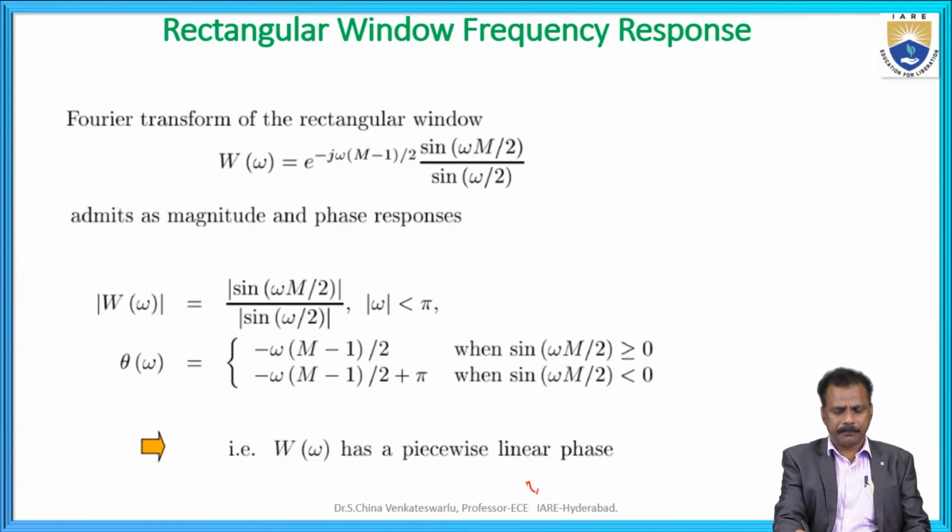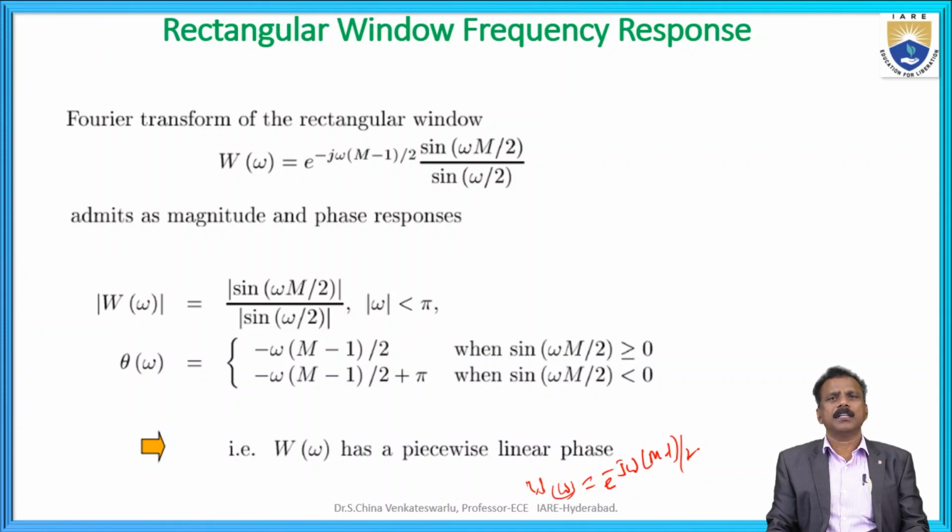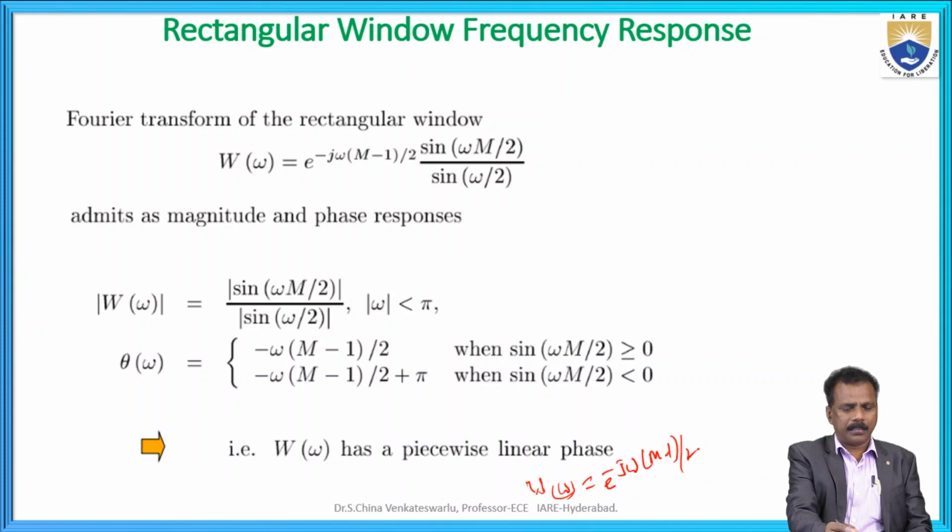W of omega is equal to e power minus j omega of (M minus 1) by 2 times sine of omega M by 2 by sine of omega by 2, which admits a magnitude and phase response. Here, omega is less than or equal to pi.